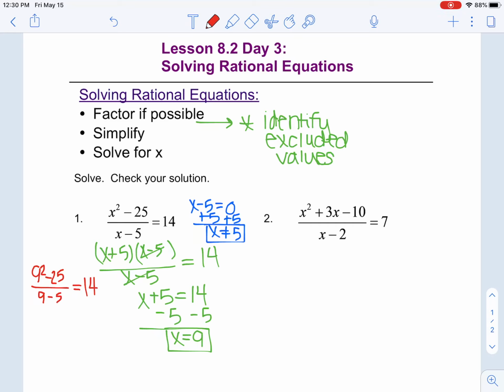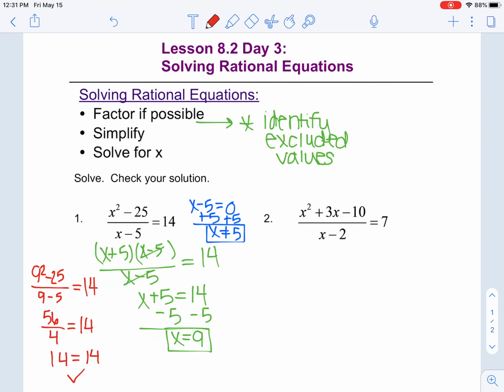You can use your calculator to help you simplify this. 9 squared minus 25, that would give us 81 minus 25, which is 56. 9 minus 5 is 4. So now make sure you divide 56 by 4 and check that that does equal 14. And it does, so that means our solution is correct.